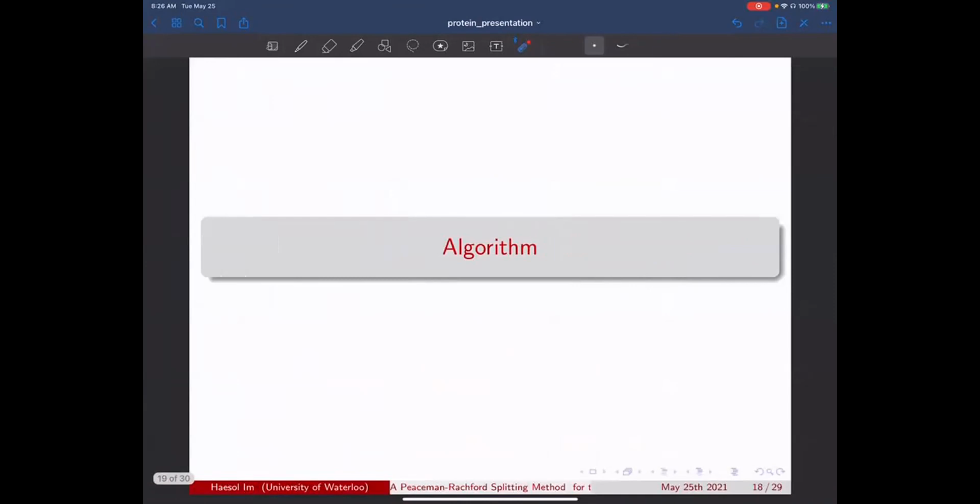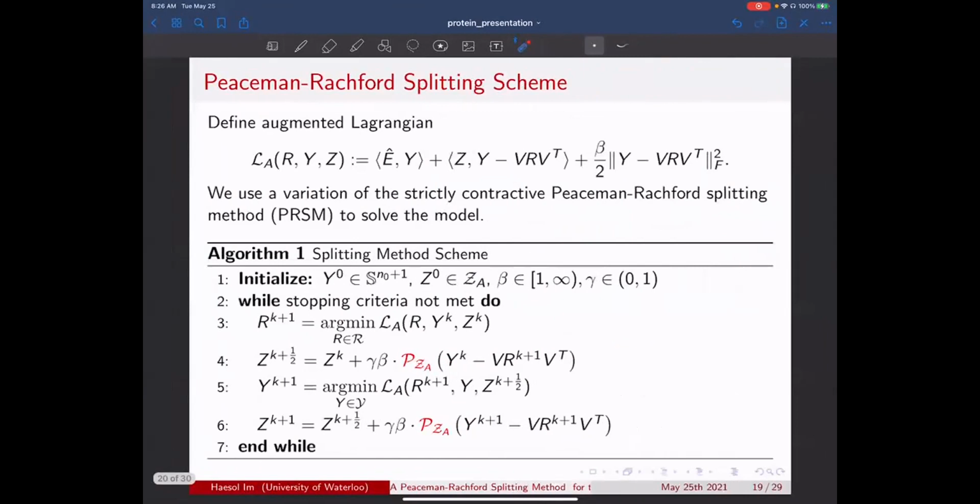Okay, so now I'll present the algorithm to solve this model. As I said at the beginning of the talk, we're going to use a splitting scheme called Peaceman-Rachford. What we do is we first form this function called the augmented Lagrangian, which is the Lagrangian function plus this quadratic term with the penalty parameter beta. We initialize the iterates and the penalty parameter beta and gamma, which is sitting in the open interval 0 and 1.